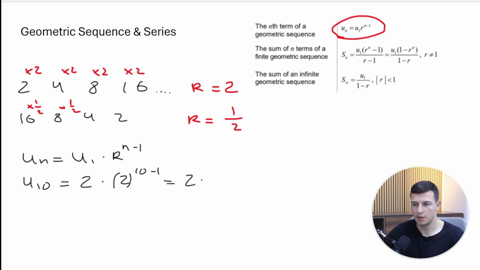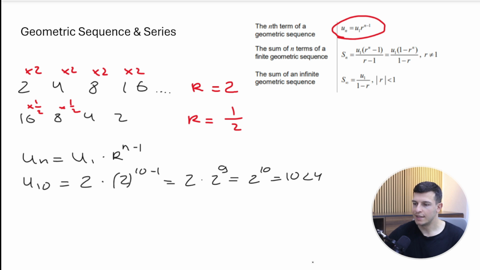So the answer is going to be 2 times 2 to the power of 9, which, from exponents, hopefully you know, we're going to review them later, but when the bases are the same, we just add the powers. So it's going to be 2 to the power of 10. And if I remember it correctly, that's going to be 1024. So the 10th term of this geometric sequence is going to be 1024.